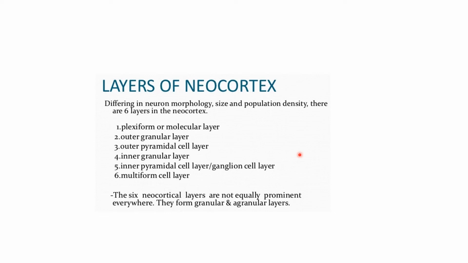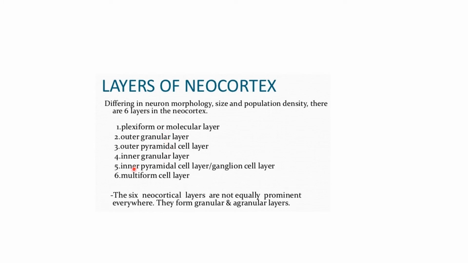Coming to the 6-layer cortex, which is the neocortex. The outermost is the molecular layer. Then comes the outer granular layer, and then the outer pyramidal cell layer. The outer pyramidal cell layer has the smallest of the pyramidal cells. So plexiform, outer granular, and then outer pyramidal.